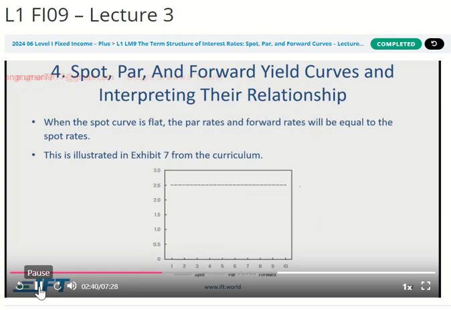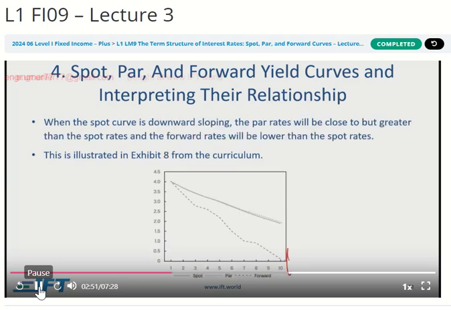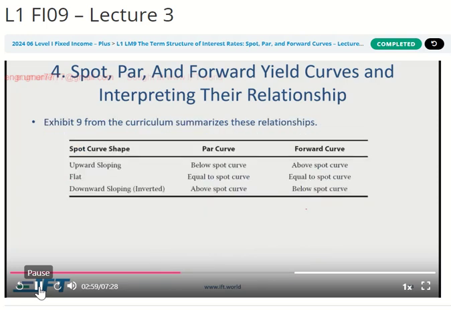If it is flat, then forward will be the same as spot, which will be the same as your par. And if it is downward sloping, then the forward will be leading to the downside with spot in the middle and par just a little above that.